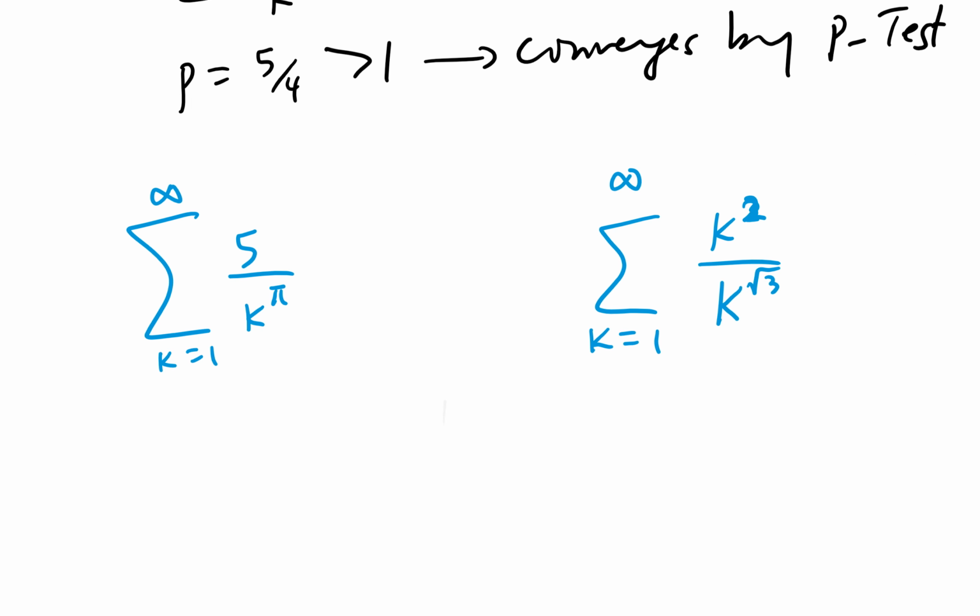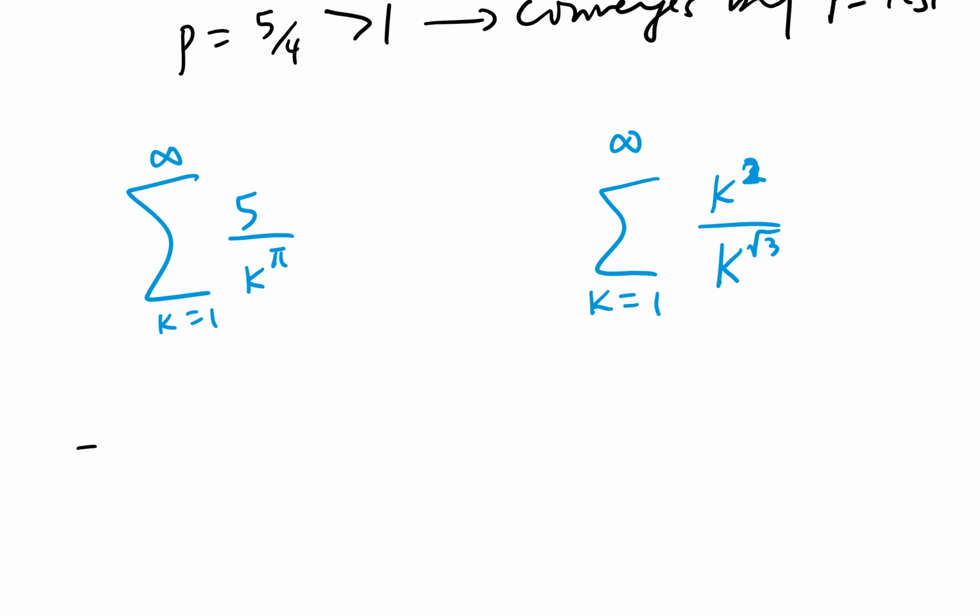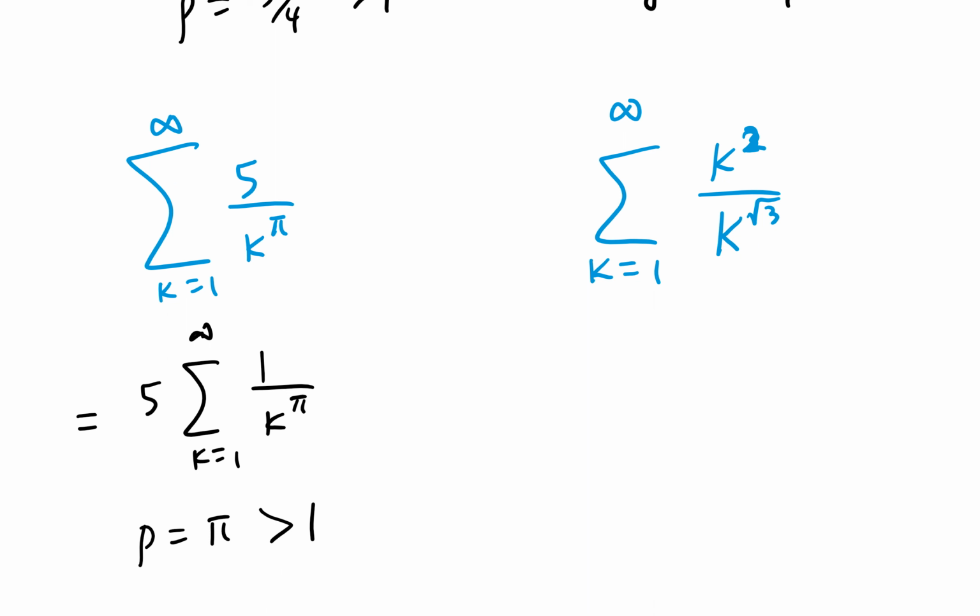So for the first one, even though there's 5 in there, the 5 doesn't affect the integral. You can pull it outside. The 5 is not going to make the integral converge or diverge. So from here I can tell what p is. The p value is pi, which is more than 1, so converges by the p-series test.